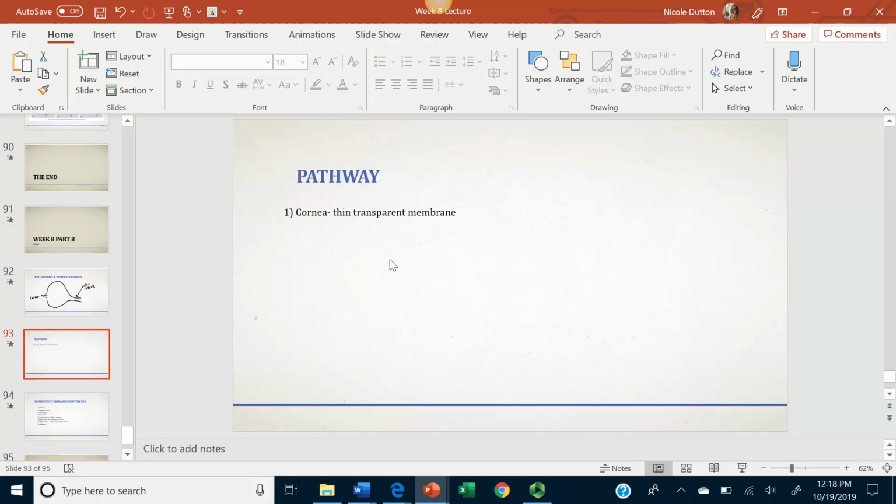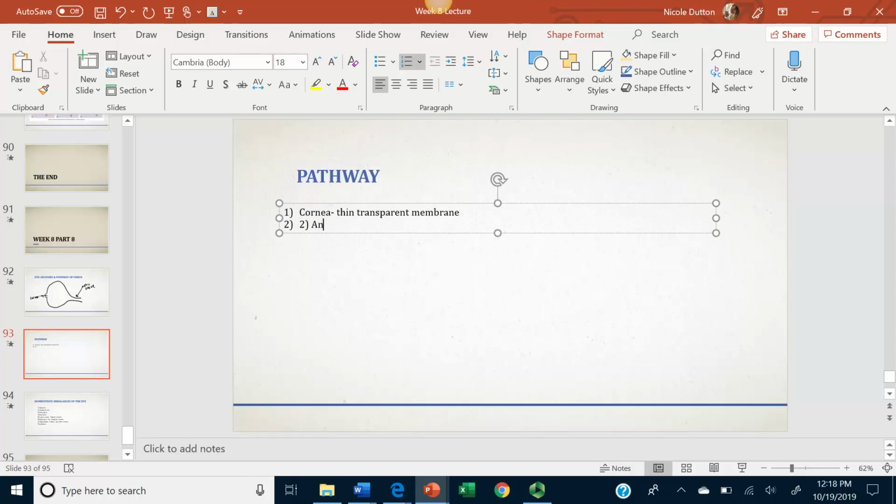And step two, it's going to enter into the anterior cavity, which is between the cornea and lens, and is filled with a fluid known as aqueous humor.